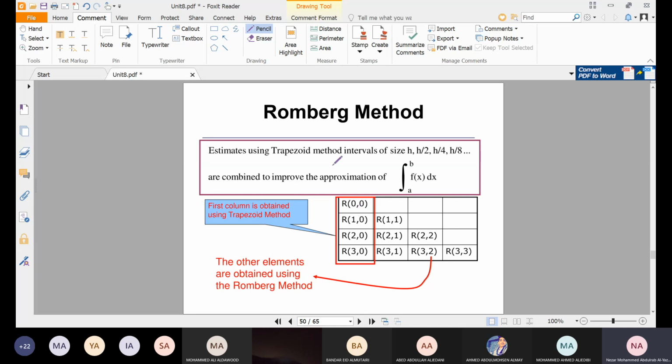In the first column of Romberg, we apply the trapezoid method to find the approximation of the integration with error of order h to the power 2. After that, from the second column, for example, if you want to estimate R11, we apply the Romberg algorithm.